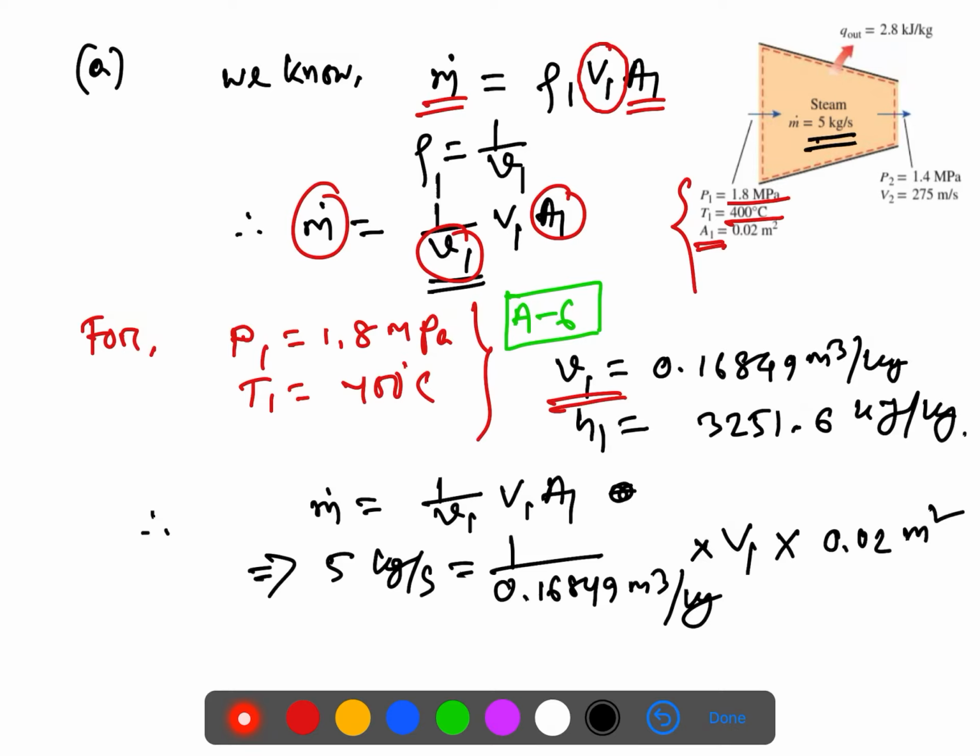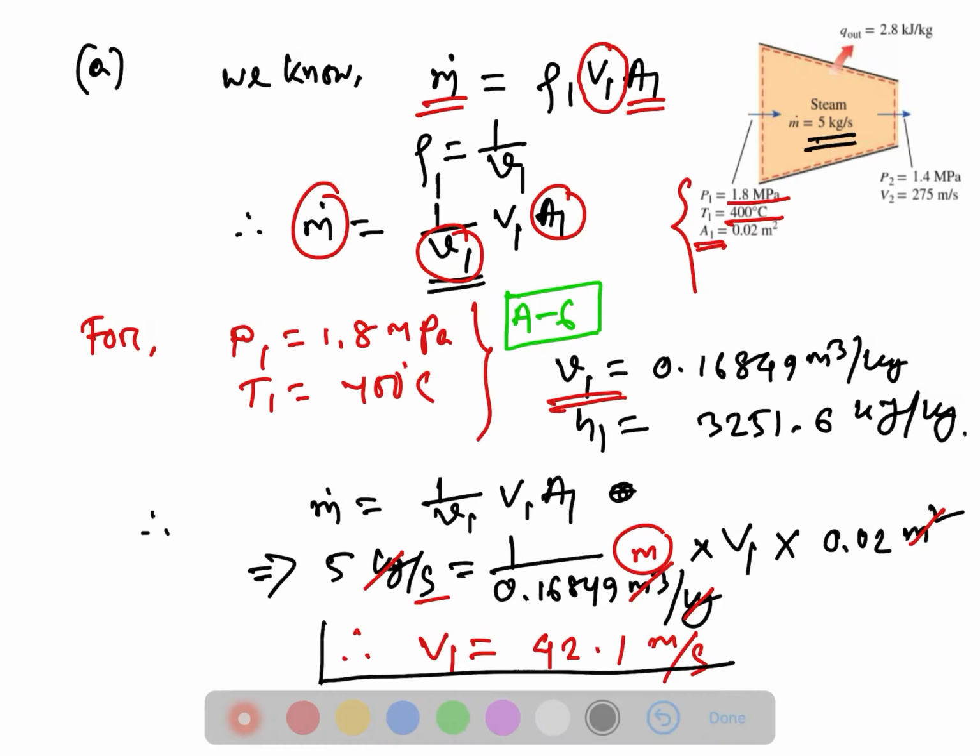The meter square and meter cube will cancel out, and we can cancel out the kg. If we simplify this, V1 is equal to 42.1 meter per second, the velocity.